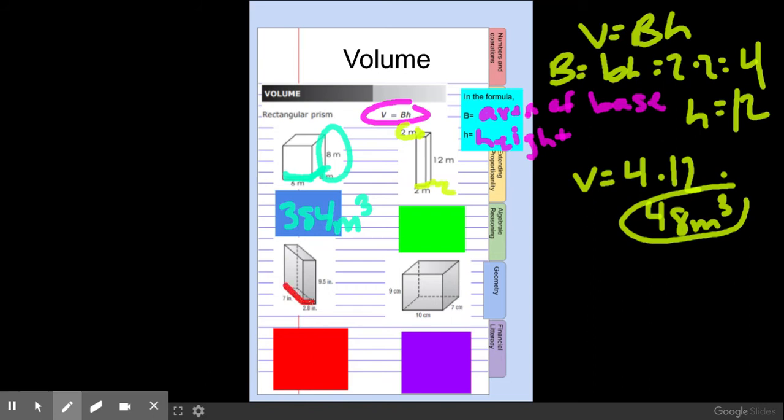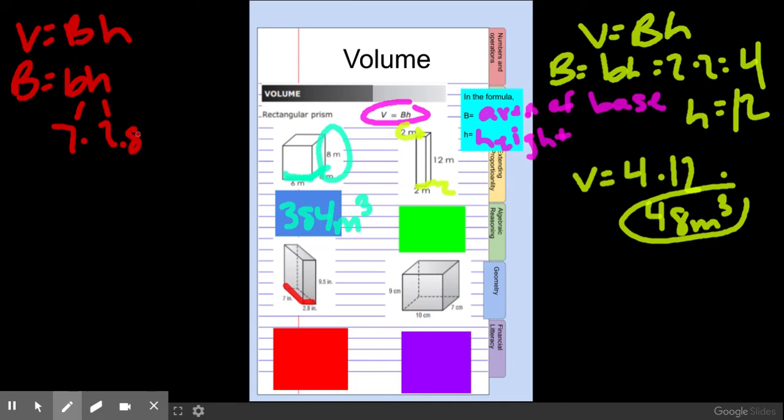So here and here, so we're going to say volume is equal to big B times H. Big B, my area of my base is a rectangle, so it's going to be base times height. So in this one, it's going to be 7 times 2.8. So 7 times 2.8. I'm going to have to do that one on the side.